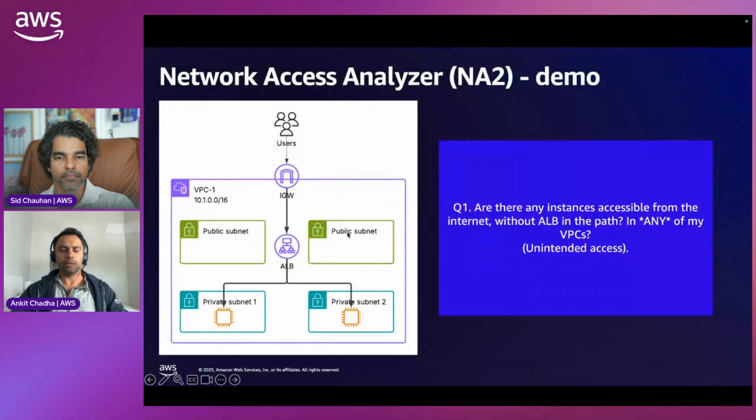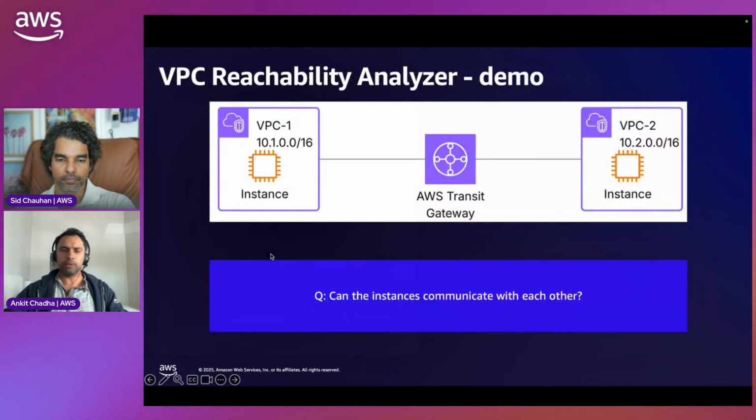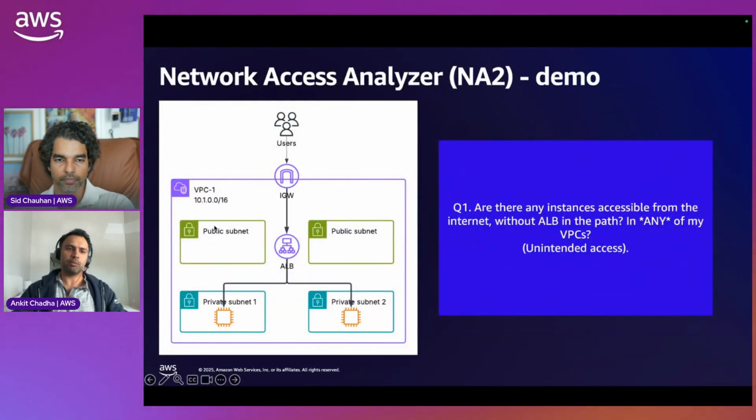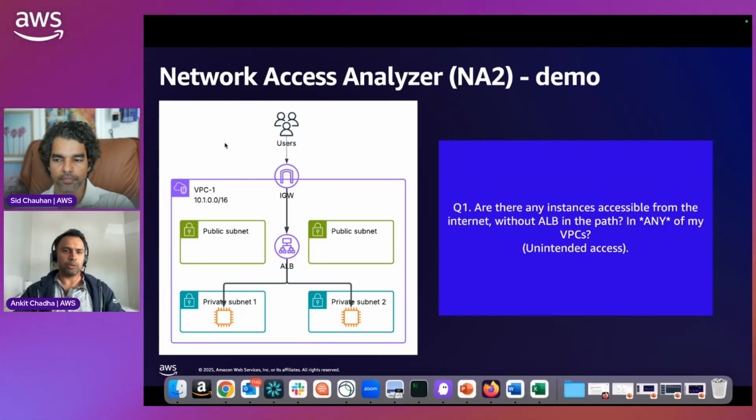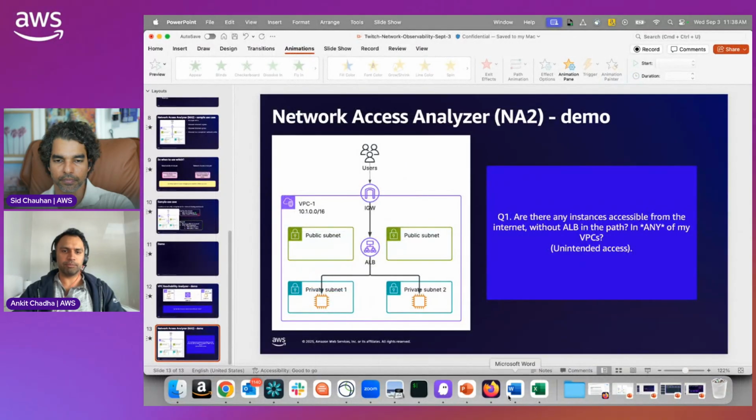So going back to our deployment, it seems like I have a public EC2 instance dangling somewhere in a public subnet, which is non-compliant. Now, using RA2, you can discover such non-compliant resources in any number of VPCs that you have in your account. So to fix this, you can simply delete this EC2 instance and then fire off the same scope.